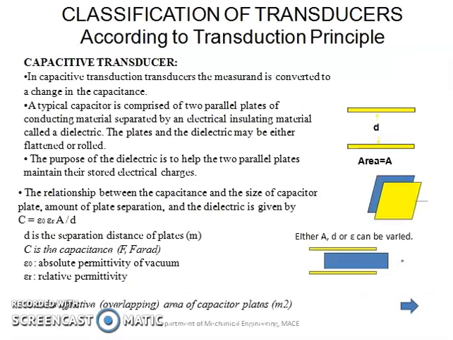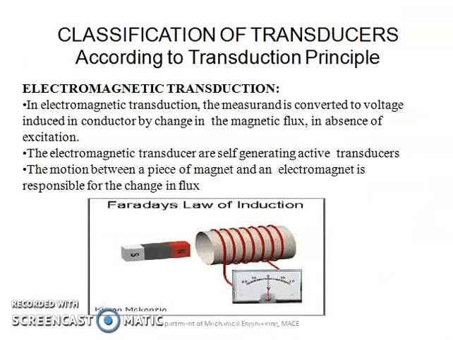Now let us see capacitive transducer. In capacitive transducers, the measurand is converted to a change in capacitance. Next is electromagnetic transduction. In electromagnetic transducers, the measurand is converted to voltage induced in a conductor by changing magnetic flux in the absence of excitation.